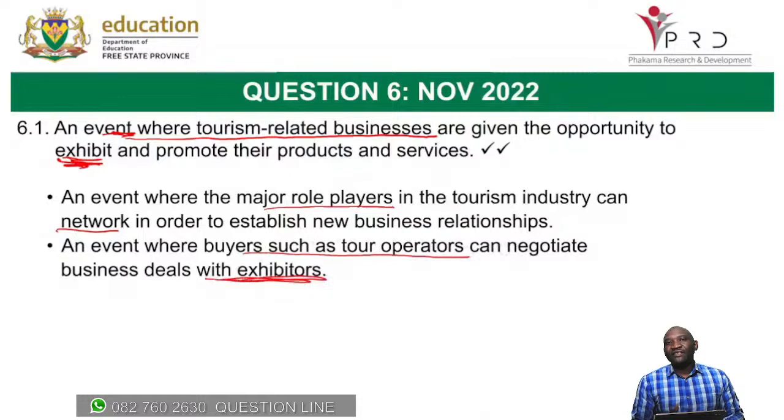It is the same thing that happens in a tourism exhibition. There are different stalls from different companies selling different products or services, and the people that are willing to buy go to those stalls, ask for information, and all the information is given to them. Then they can purchase the goods and services that they want.